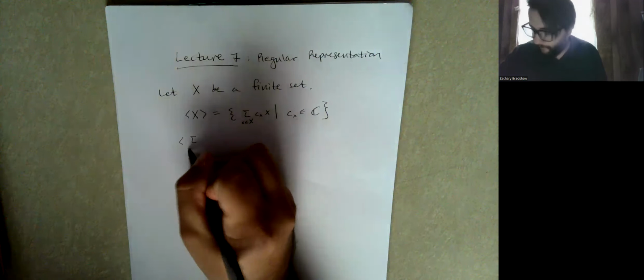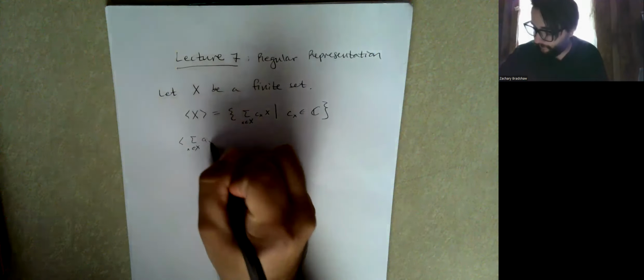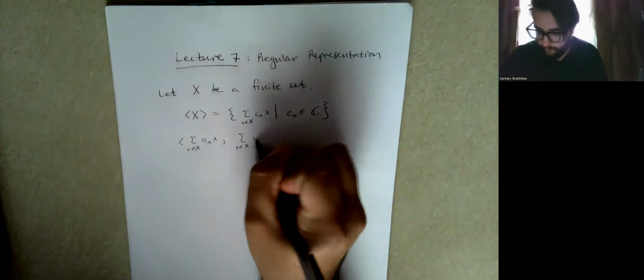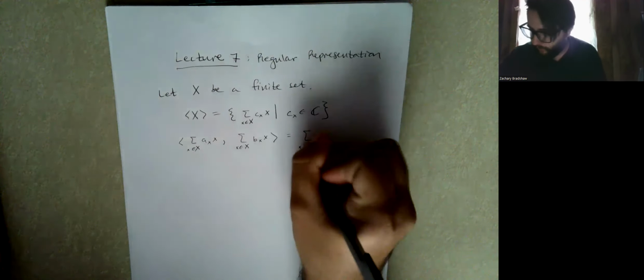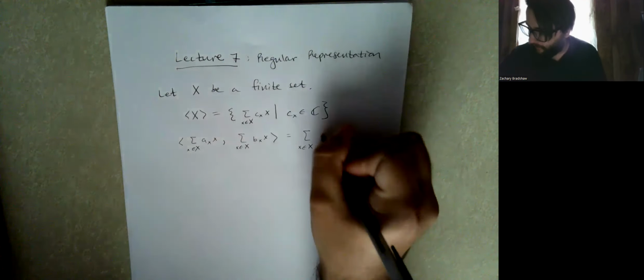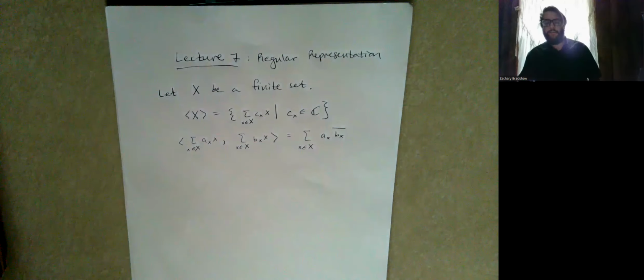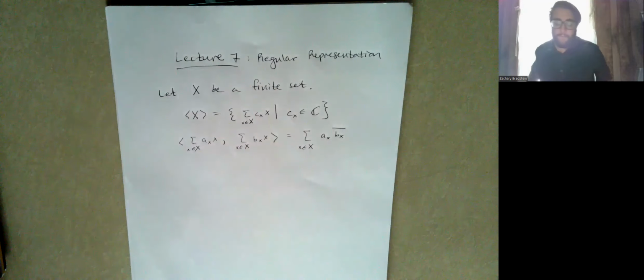So again, we're just using the obvious choice here. This can be the sum over x in X of a_x times b_x conjugate. And if you're a physicist, then you'll go the other way. You'll put the conjugate on the a.